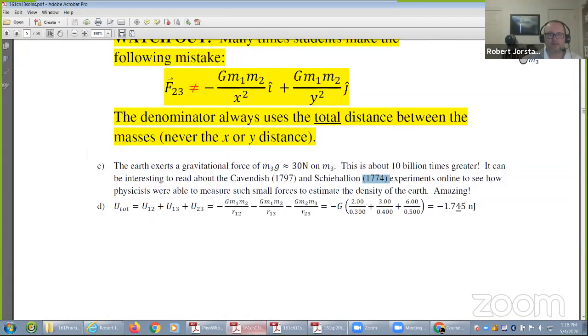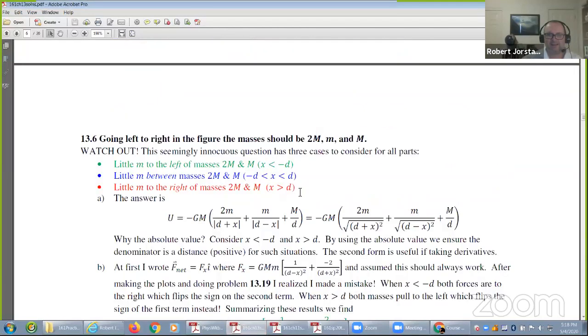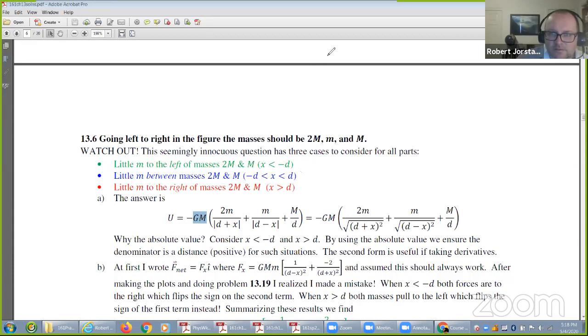So, notice this absolute value has to pop up in your equation. And you might notice what's going on there. So again, every term. To be clear here, we're going to have U total. Because we have 3 masses, there's going to be a 1,2, a 1,3, and a 2,3, right?